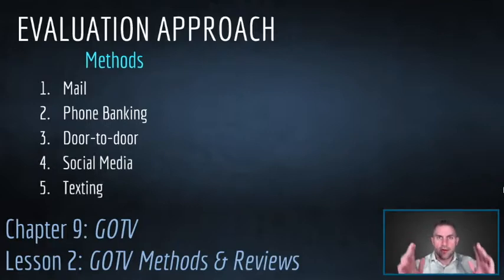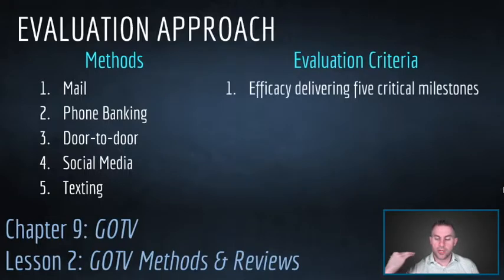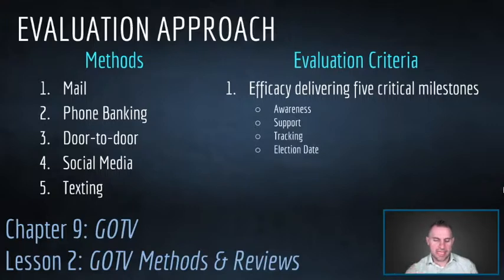So we have our methods, and then we have evaluation criteria that we're going to be layering on top of all of those. So one, we're going to be looking at the efficacy for delivering on the 5 critical milestones. So we talked about that: awareness, support, tracking, election date, and casting their ballot. That's this journey that we've been talking about, that we bring our voters along.